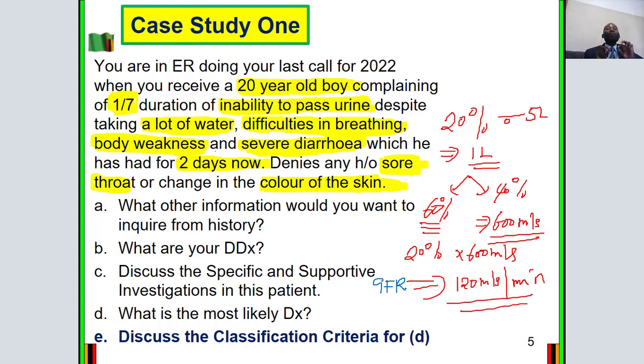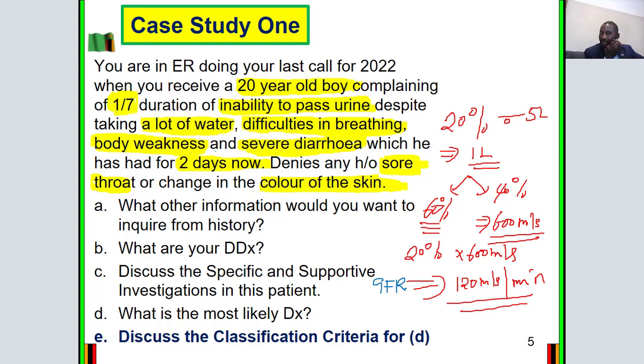So there is already a disorder of the renal system, and the renal system is being affected, and that's the problem. So this is how we come about it. When you're reading in your books 120 to 125, you should know how the 120 comes about. That is how we calculate it.